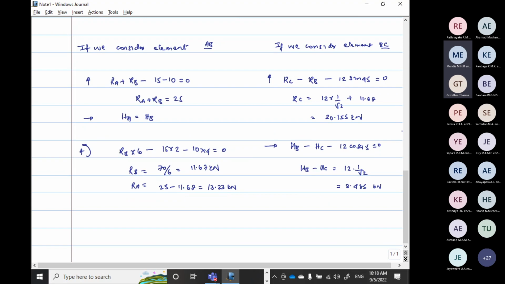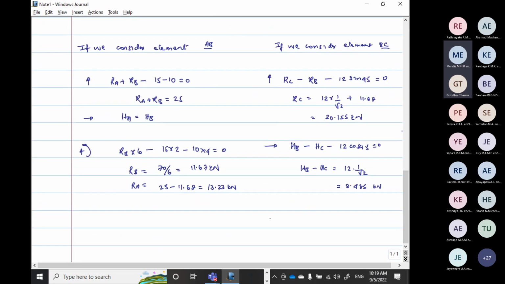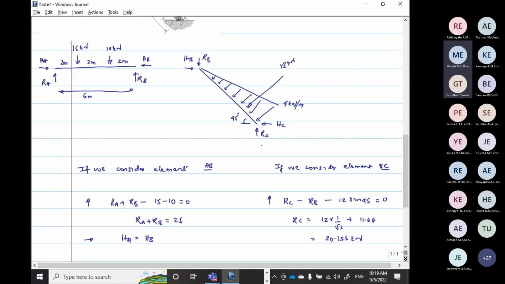Now I can use my third equation to determine either HB or HC. I can take moment about B and find HC, or I can take moment about C and find HB. If I take the moment about B, counterclockwise positive, HB and RB will cancel off.